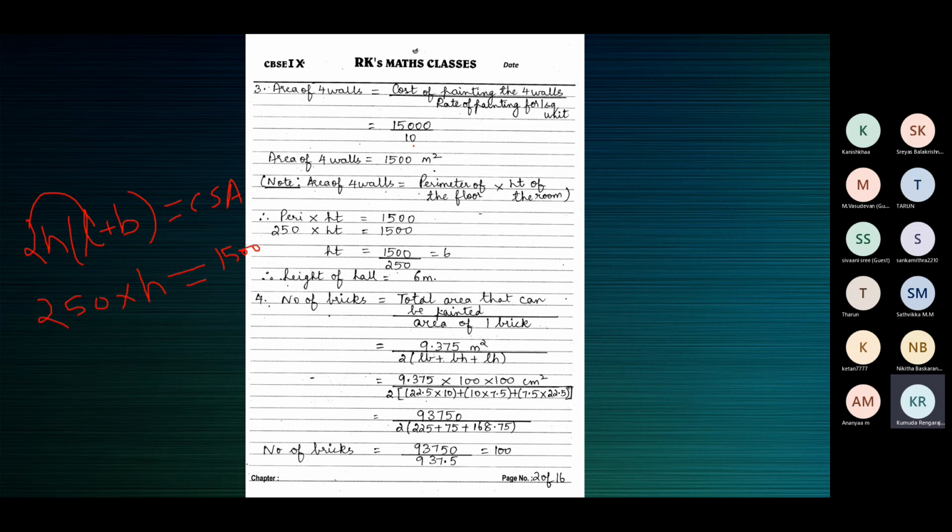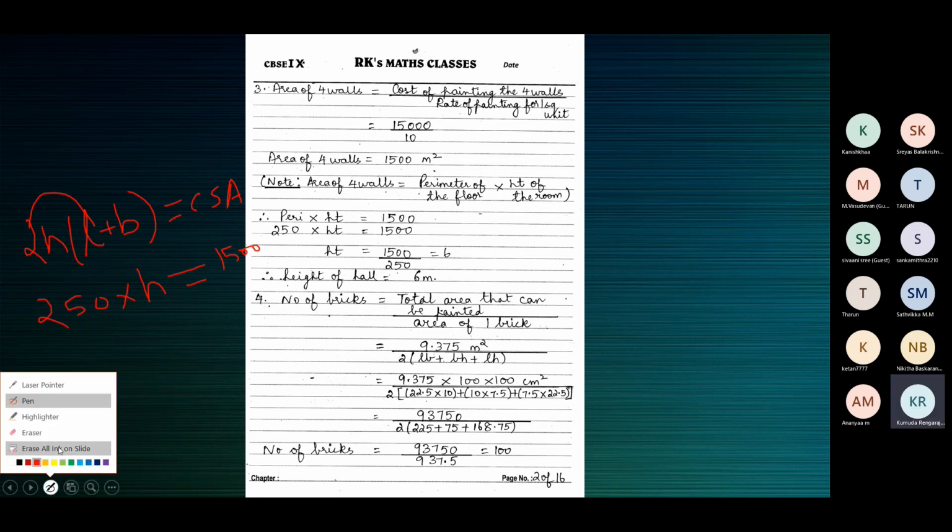How many bricks of dimensions? So there are some bricks here. How many bricks of the dimensions given there can be painted out of this container? Whenever you have to find the number of bricks, it will always be area by area or volume by volume. Remember that.